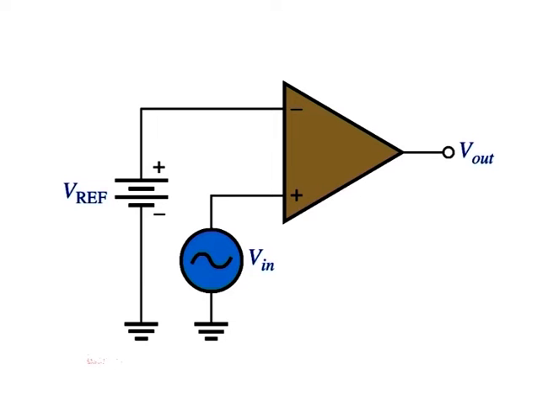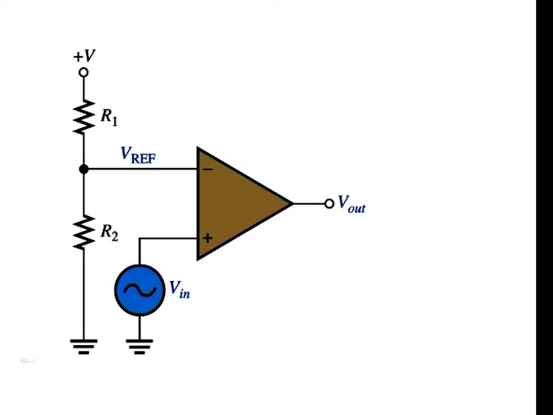A more practical arrangement is shown in this figure using a voltage divider to set the reference voltage V reference as follows, where V reference is equal to R2 over R1 plus R2 times positive V. Here positive V is the positive op-amp DC supply voltage.